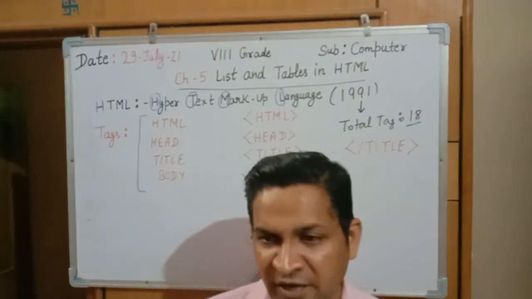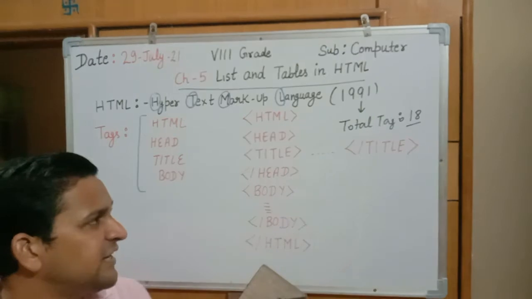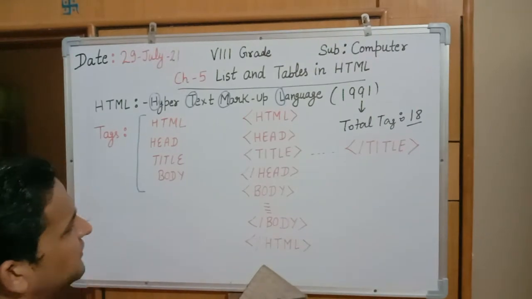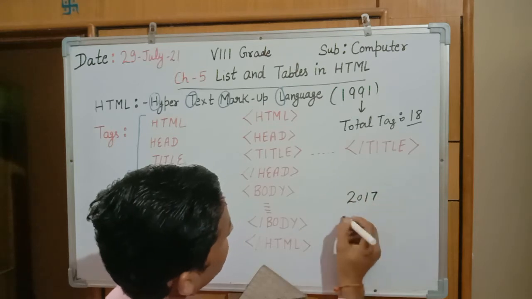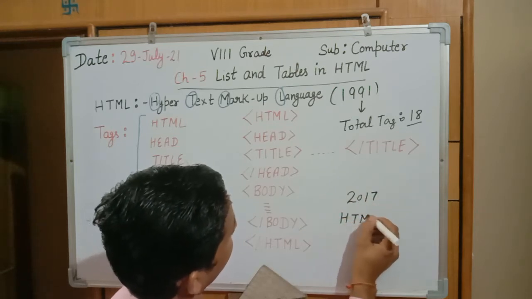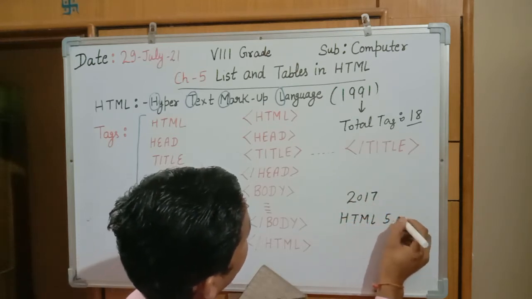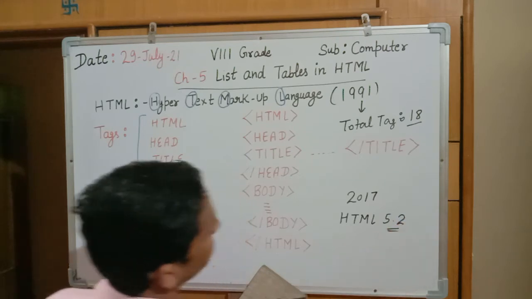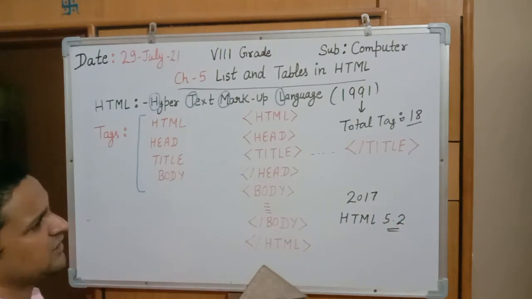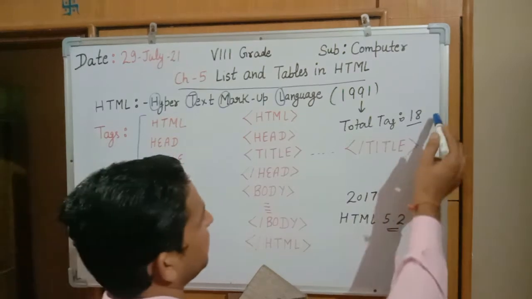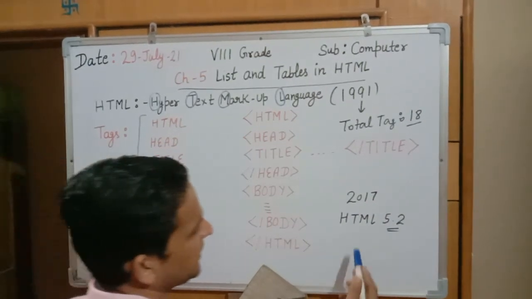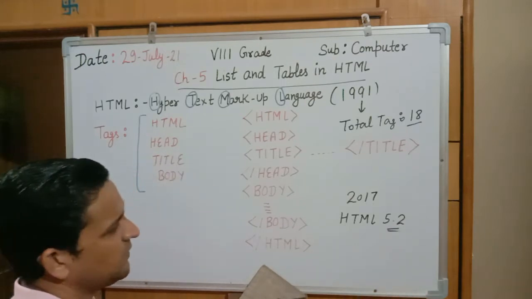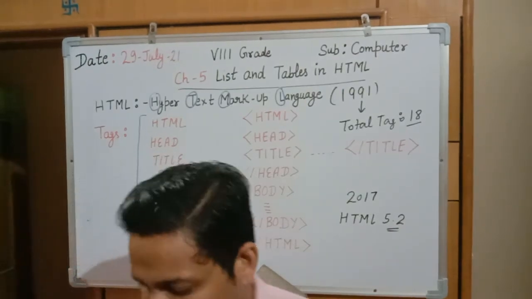Currently, the latest version came in 2017, that is HTML 5.2, which we are using right now. So in the beginning it came with 18 tags, and afterward new updates and new versions came.